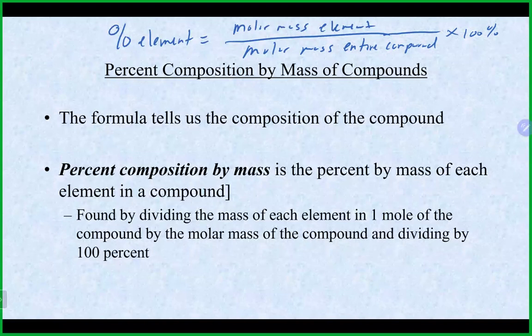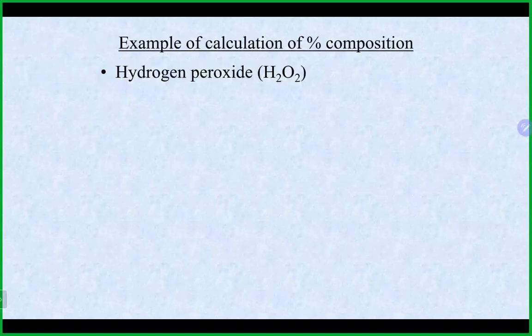When you add up the percentages of all the elements present in a particular formula or compound, it should equal 100, right? That way you're not missing any element along the way, or it should be really, really close to 100 when you're doing so. So if we take a look, for example, here at hydrogen peroxide, and we wanted to calculate the percent composition of hydrogen and oxygen in this case, the first thing we would want to do is go to the periodic table and calculate the molar mass of it.